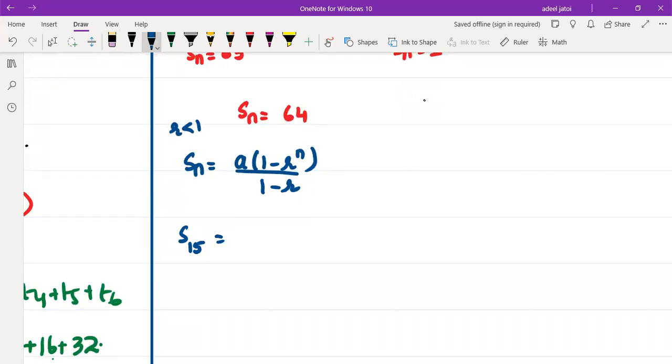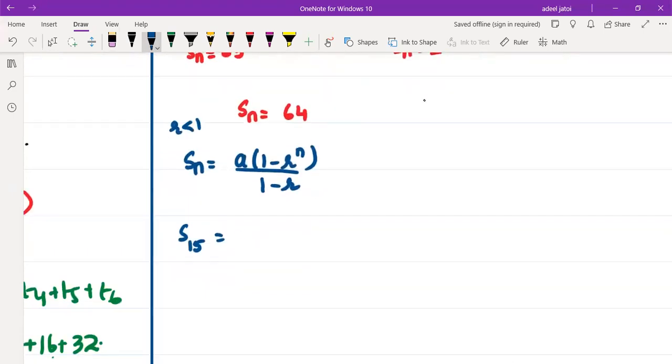Your first value was 32. 1 minus R is 1 upon 2. And the n should be what? 15. We do not subtract 1 from this, because the subtraction takes place only in the term. Here the entire term will come. And this should be 1 minus half as well, which means 0.5.